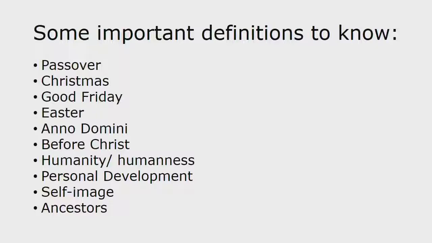What is Easter? What is Anno Domini? What do we mean by saying before Christ? What is humanity or humanness? And what is personal development? What is self-image? What are the ancestors?